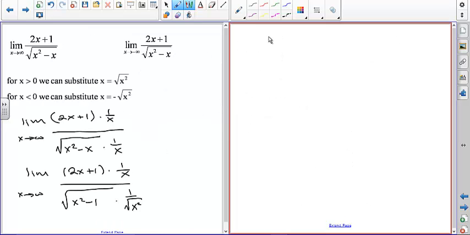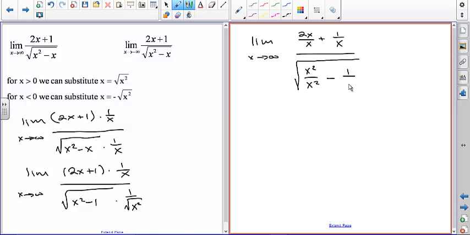So let's multiply it out. I'm multiplying and dividing by the same number. So you get 2x over x plus 1 over x divided by, now here, because this is a square root and this is a square root, you can bring those together inside of a square root. So you'll have x squared divided by x squared, and then here you have 1 over x squared.